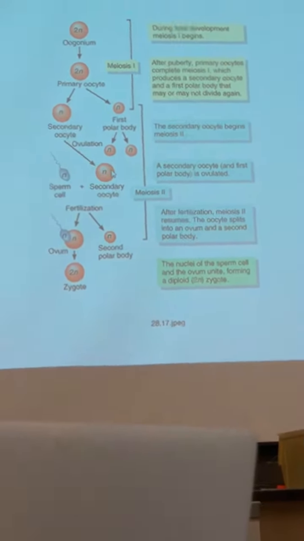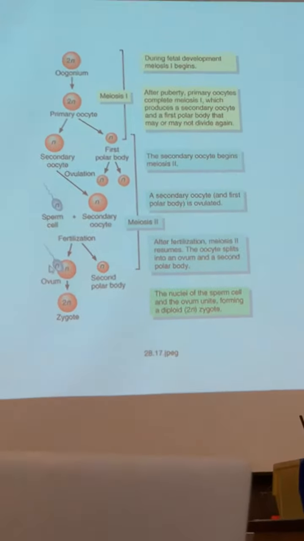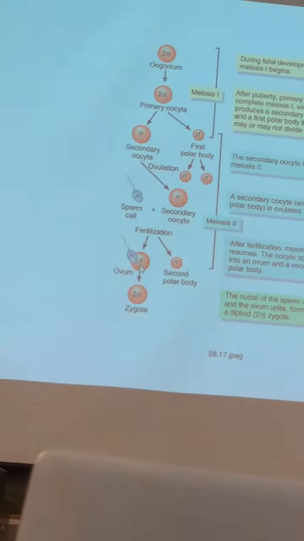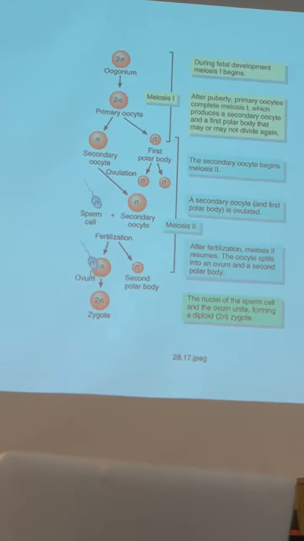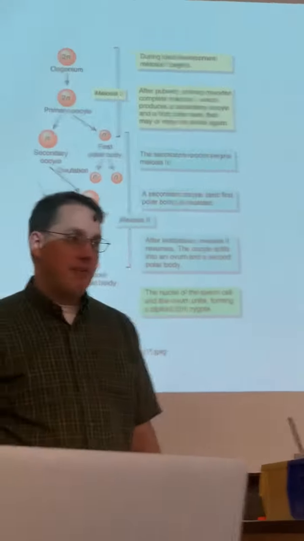It's not until and if it is fertilized that it encounters a sperm that will complete meiosis 2 and produce an ovum, the final gamete. So female gametes don't even exist until sperm are already inside of them.